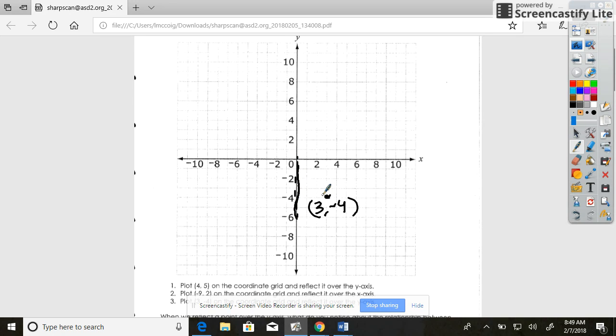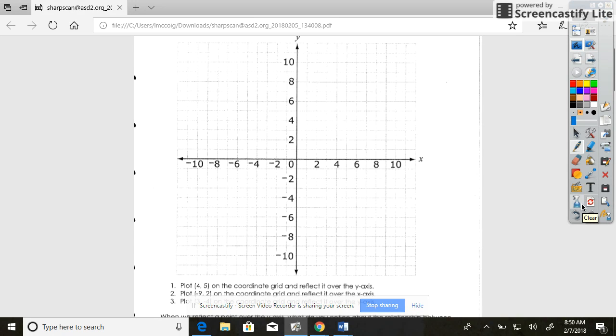So instead of going 3 over, I'm going to start at the y-axis and go 3 over to the left instead. So my new point is at -3, -4. And my graph looks the same on both sides, so we know we did it correctly.